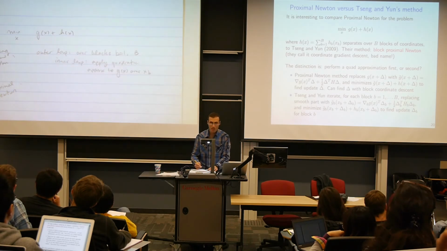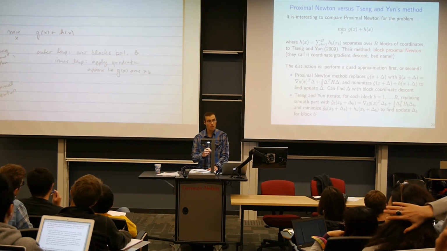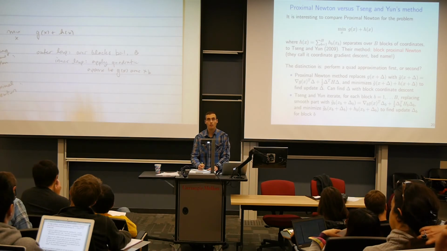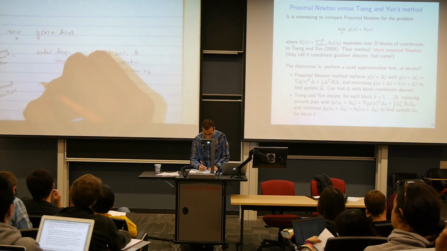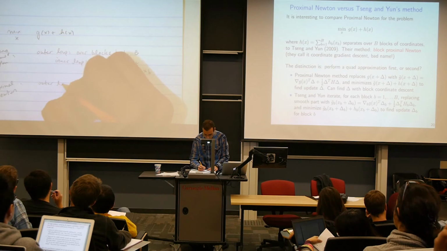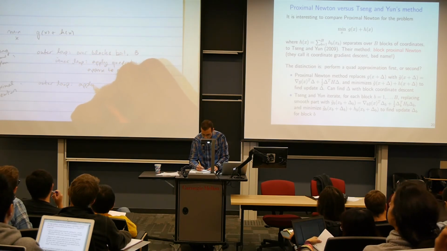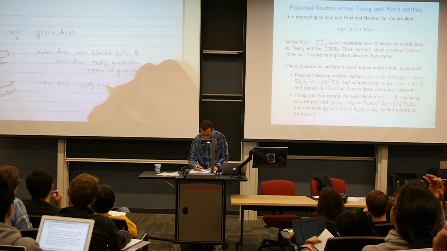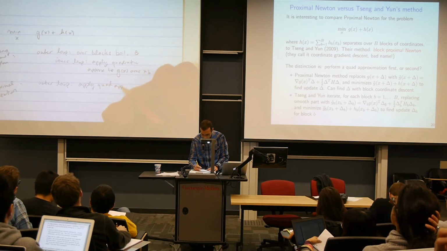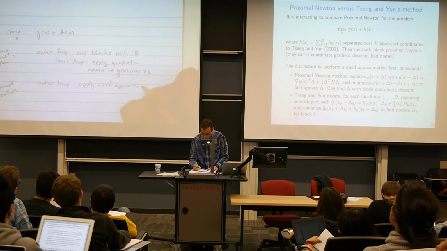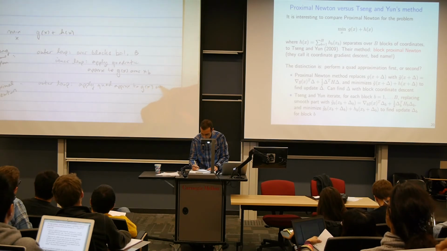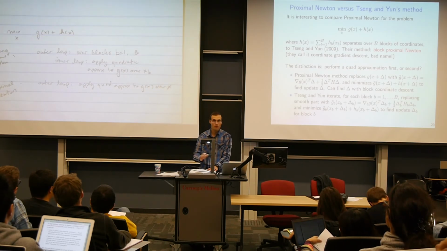Proximal Newton is essentially the opposite order, if for the inner loop you use coordinate descent. So in the outer loop, you apply quadratic approximation to g over the full x.